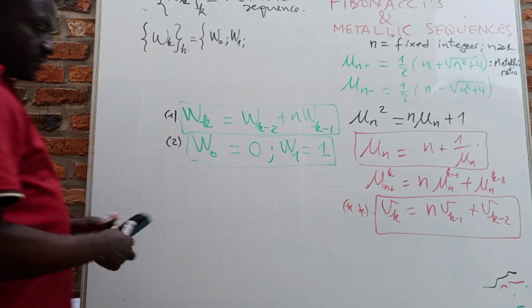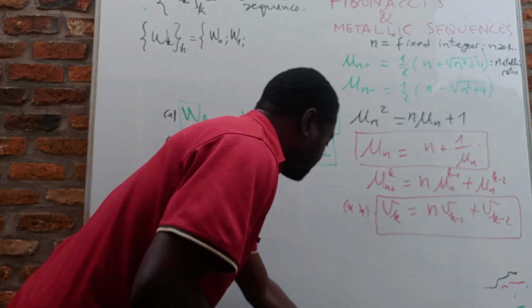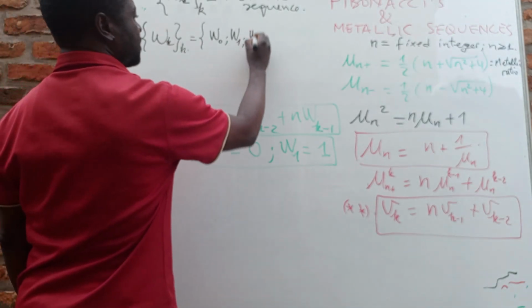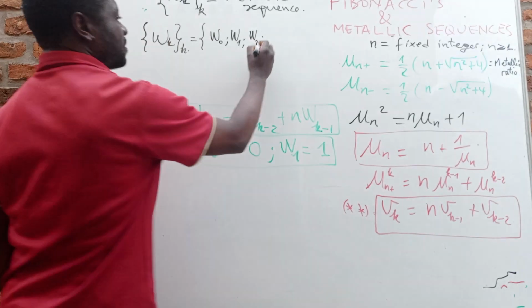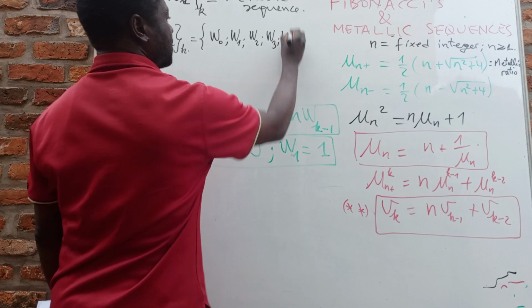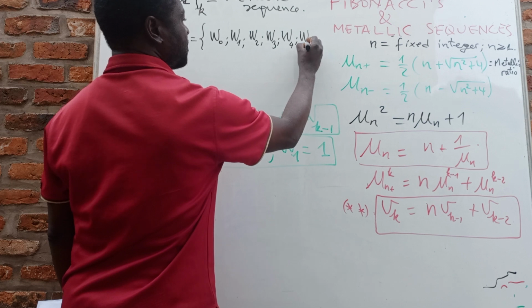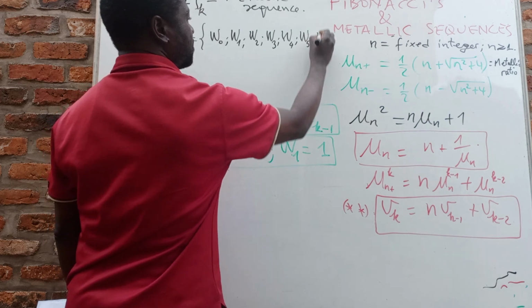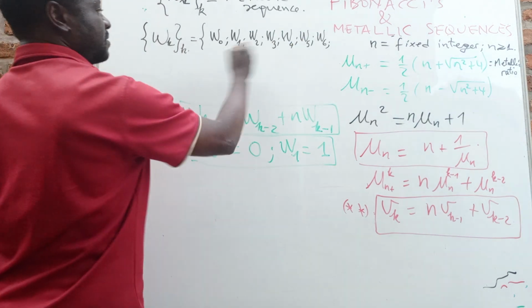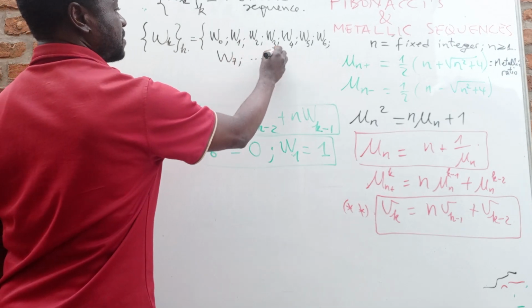And then with k equal to 2, W2, and so on, W3, W4, W5, W6, W7, and so on and so forth.